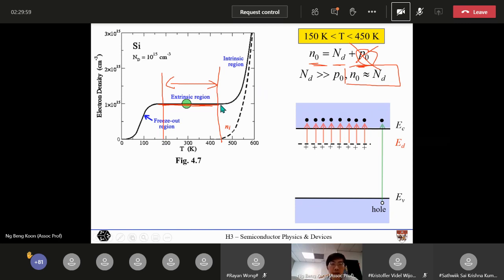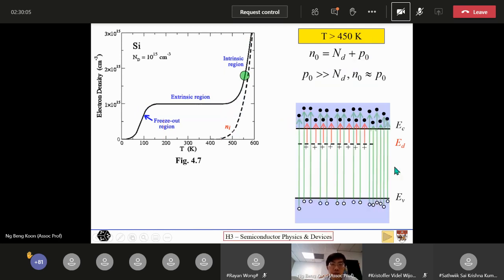Now, why does the electron density continue to increase if you go beyond a certain temperature, in this case 450 Kelvin? You find that when you go beyond 450 Kelvin for silicon, and different materials will have different temperatures when this happens, you will notice that the band-to-band transition becomes quite easy to occur.